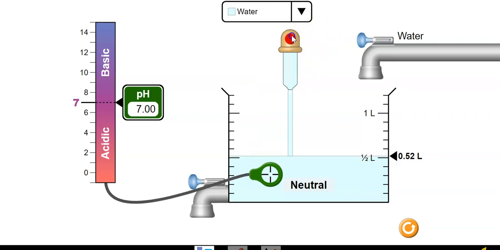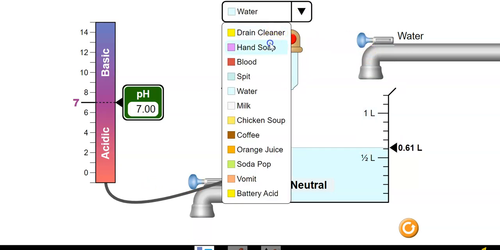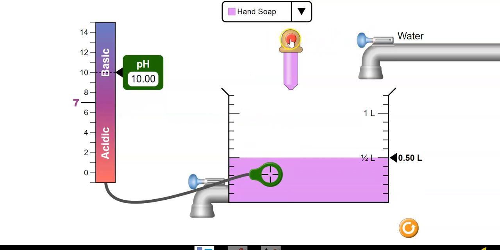And you can add solution here, or you can just add water. You can also remove solution and so forth. So that's all water. Not very interesting, but with something like soap, you might see different things happen with the pH depending on what you adjust. And that's really it for the first one.